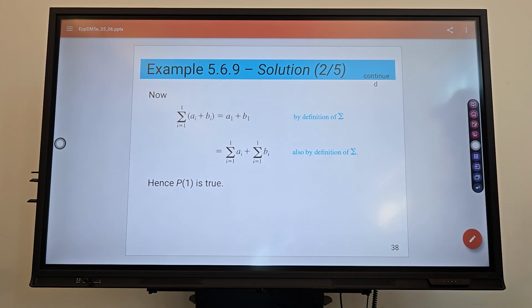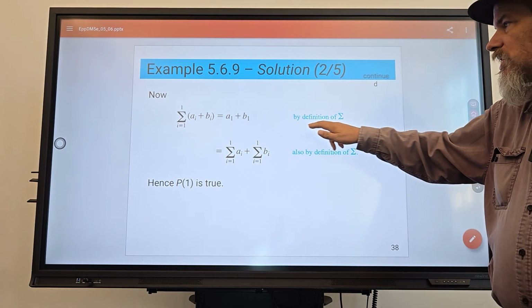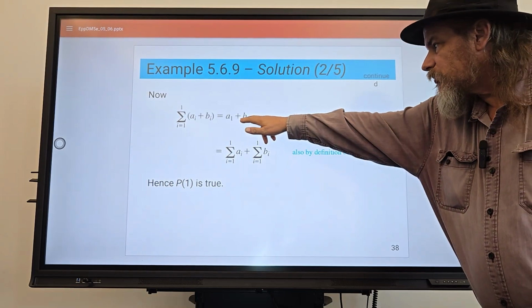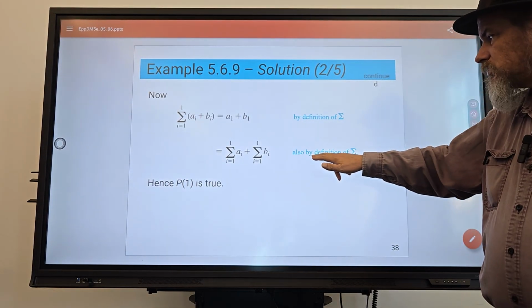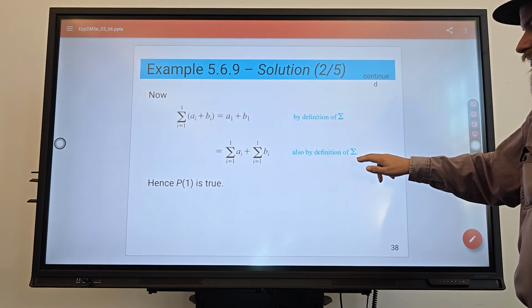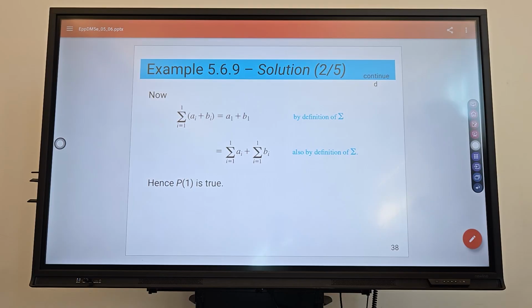And now, by the definition of summation, this simplifies to that, and that is also by the definition of summation. This is finally true. So P(1) is true.